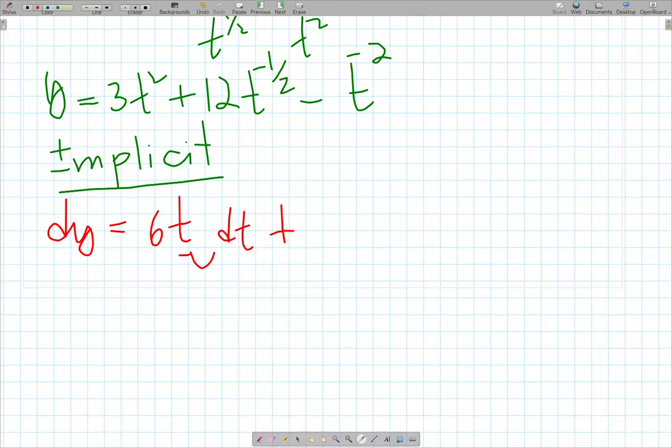So yan, no? Negative 6. Okay, and then t, diba?